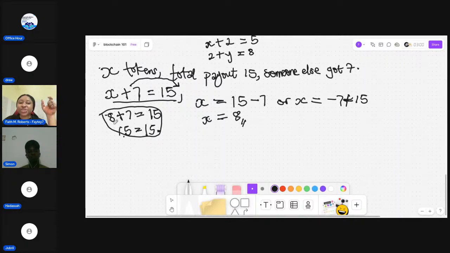You need to make this check to be sure that whatever x got, if you add it to the other value at the right hand side, it gives you exactly what is expected. If this does not give you exactly what is expected, your logic is wrong. Your logic is vulnerable to attack.